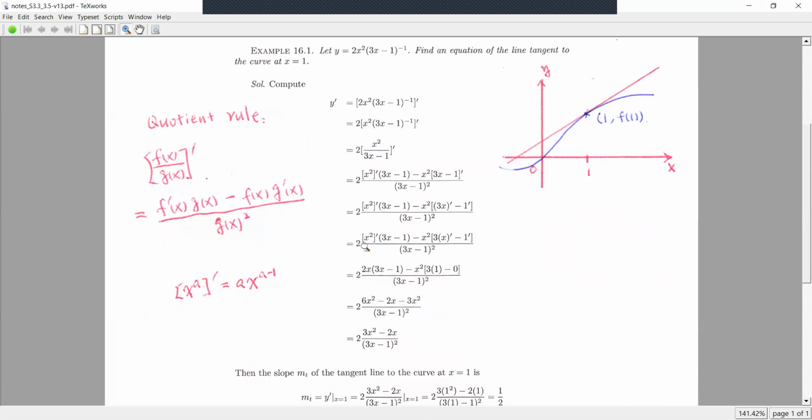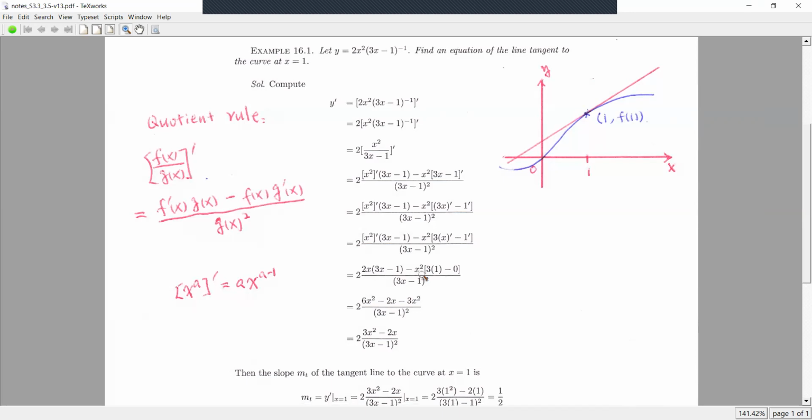Now, the derivative of x squared by the formula for power function is 2x. The derivative of x is 1. The derivative of constant 1 is 0. Then we have this equation. Now, distribute 2x to 3x and to 1. Then we get the first two terms.